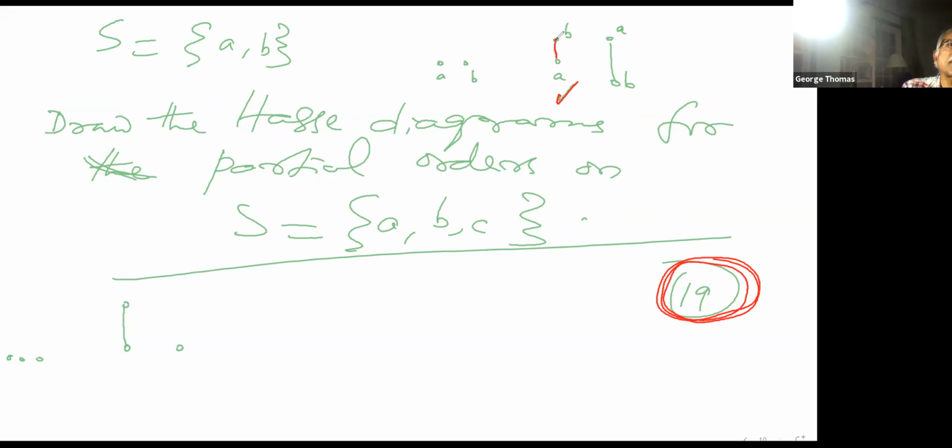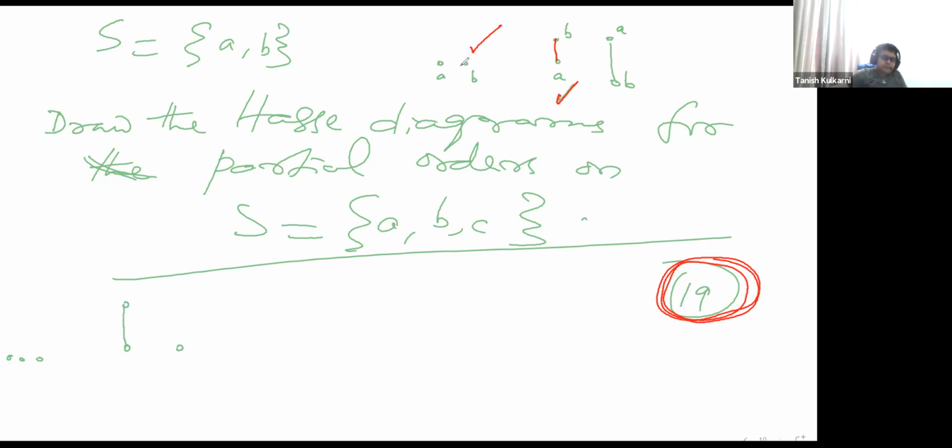Oh, by the way, I think with this I will end the class. Is this a total order? This is a partial order for this set. Is this a total order? Yes or no?